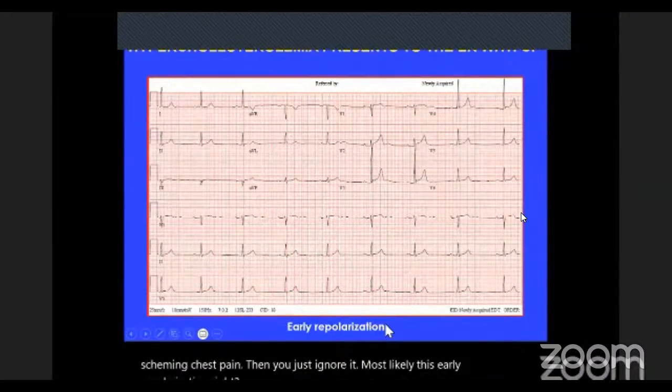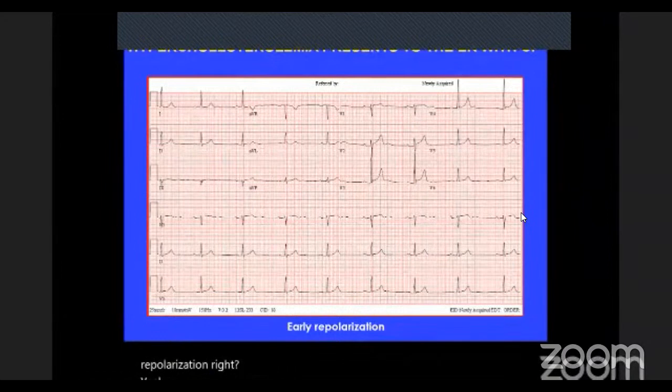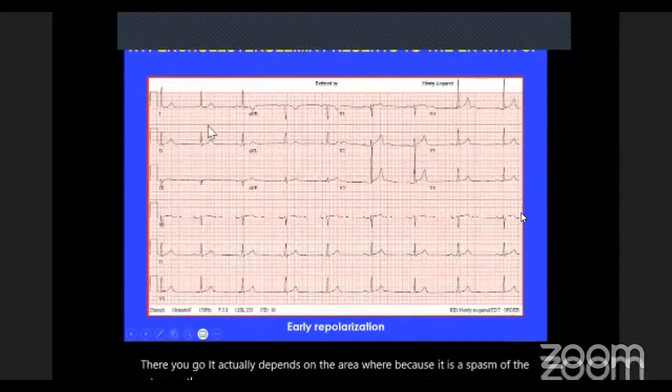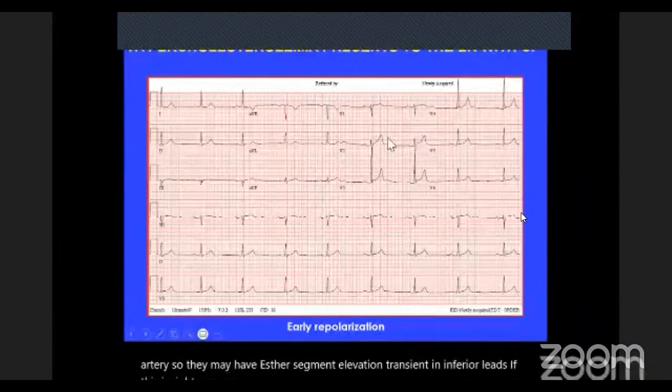What about Prinzmetal angina? Some patients come with ECG changes. It usually comes with diffuse or specific leads. It actually depends on the area, because it is a spasm of the artery. So they may have transient ST segment elevation in inferior leads, which is the right coronary artery, in the LAD territory if it's LAD, or in the circumflex if it's circumflex, which is rare.